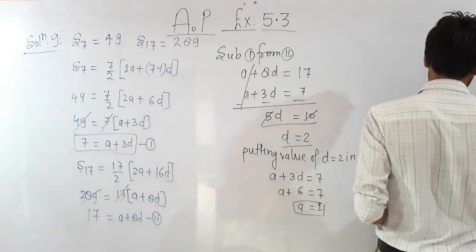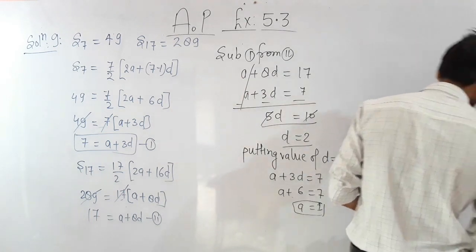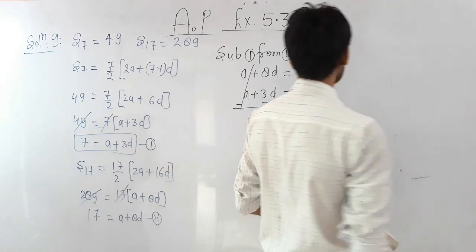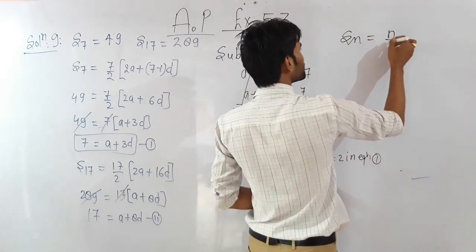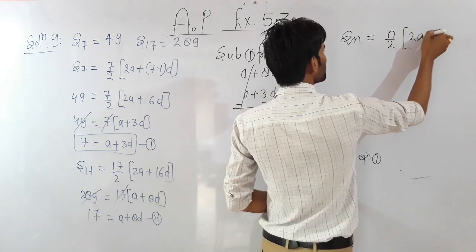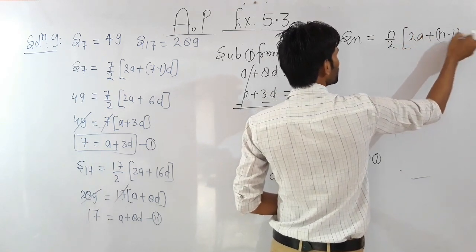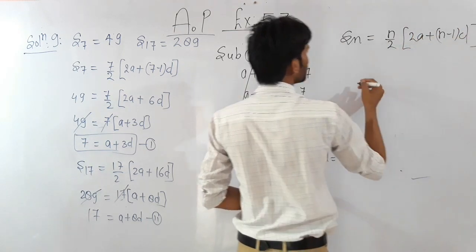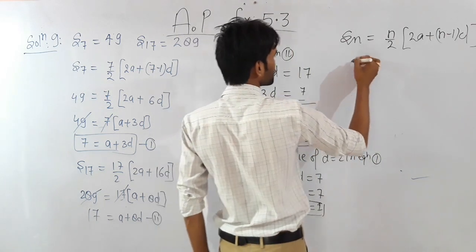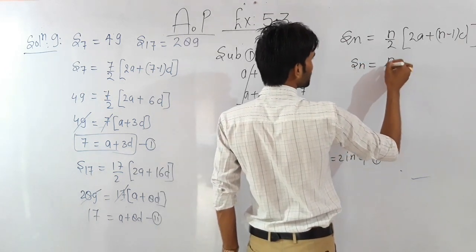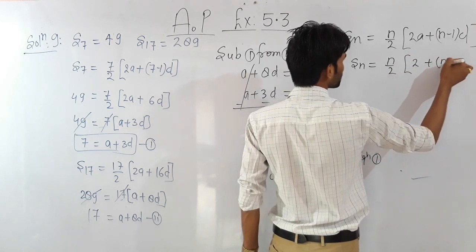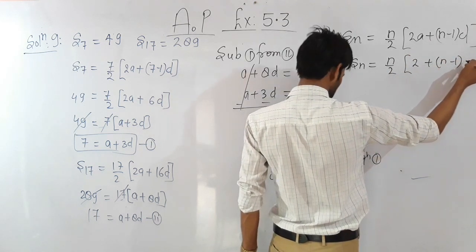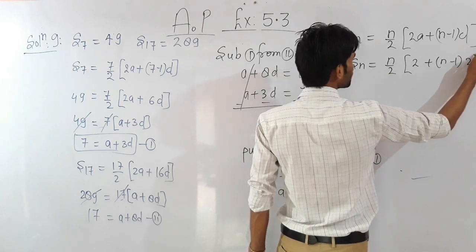Putting the values of a and d, Sn is equal to n by 2 into (2a, meaning 2 ones are 2, plus (n minus 1), and d is 2).